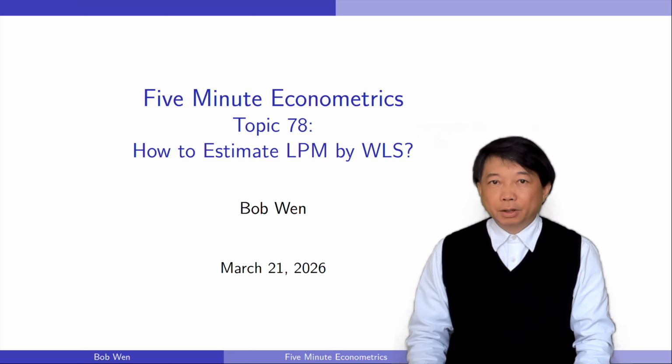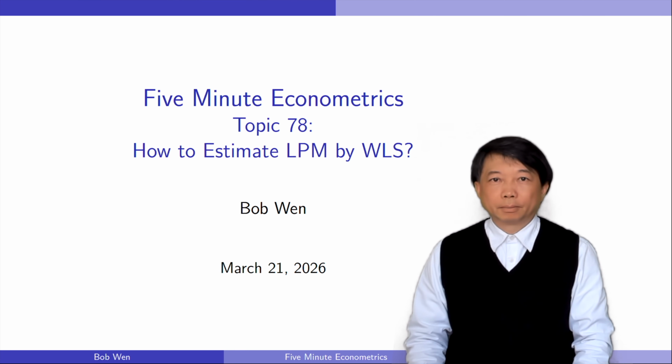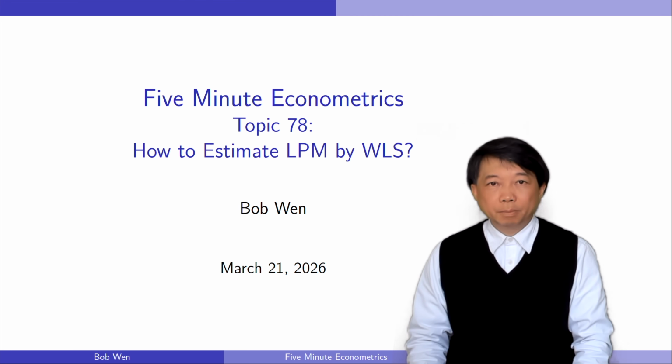We will revisit the linear probability model today. For a linear model, when the outcome variable y is a dummy variable, the expected value of y can be interpreted as the probability that y equals 1, or the probability of success.